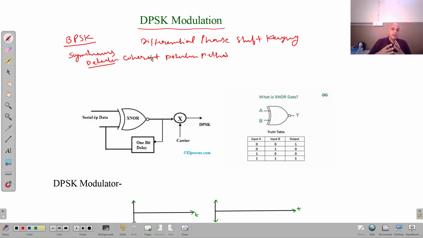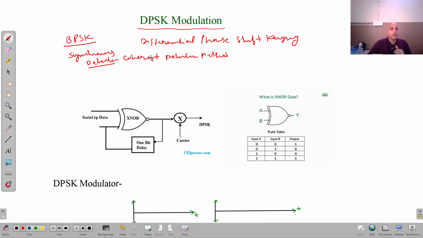Because to do the coherent detection of the BPSK signal, we require a carrier wave of the same frequency, same phase, same amplitude that was used at the modulation end. When the original message signal was modulated and the BPSK signal was generated, we definitely used a carrier wave.